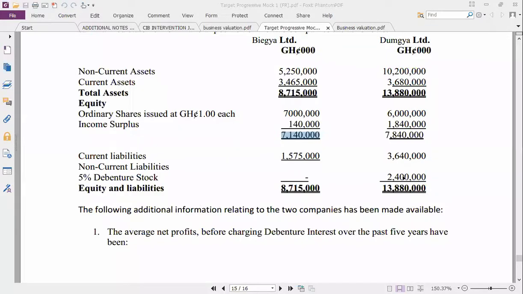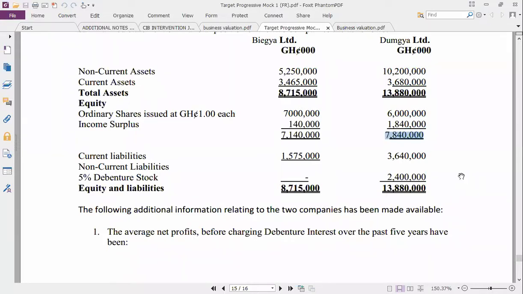Then that of Dimja will be, we put some two together. It has debenture stock of 2004 plus that of the equity, which is 7840.